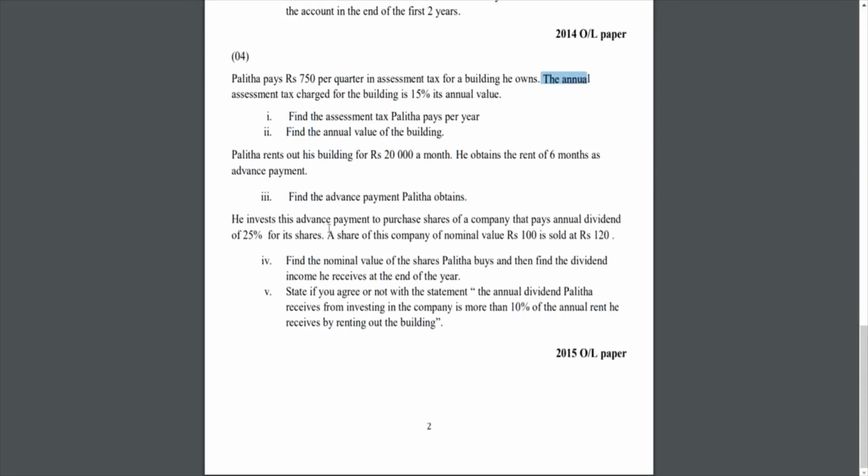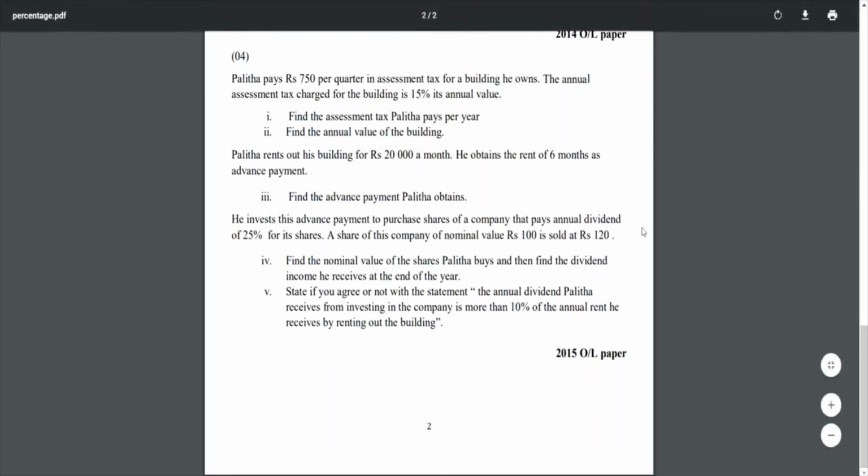What this statement says is, the real value of the share is 100 rupees, but he has bought it for 120 rupees. We should keep in mind the company would be paying dividends for the nominal value of the shares, not for the price it is bought or sold.